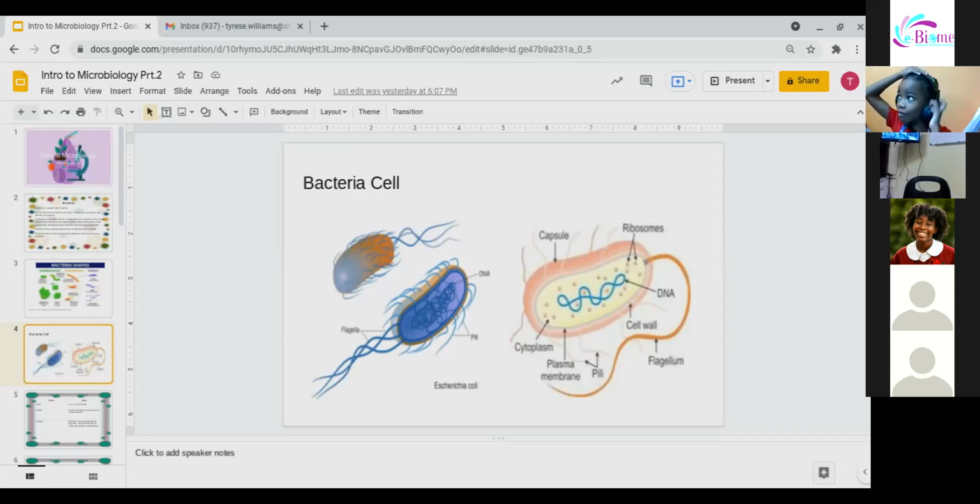Anyone want to give that a try? I'm asking where in the human cell would we find the DNA? The nucleus. Oh, okay, very good.